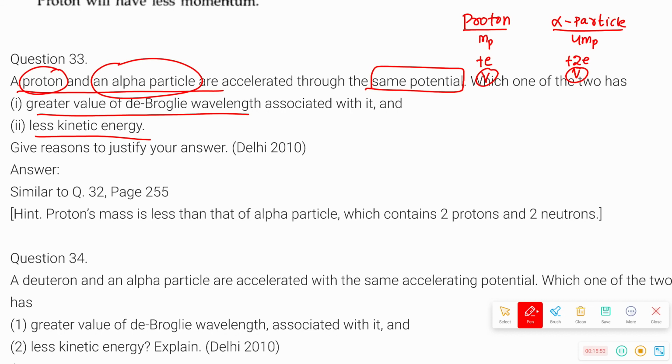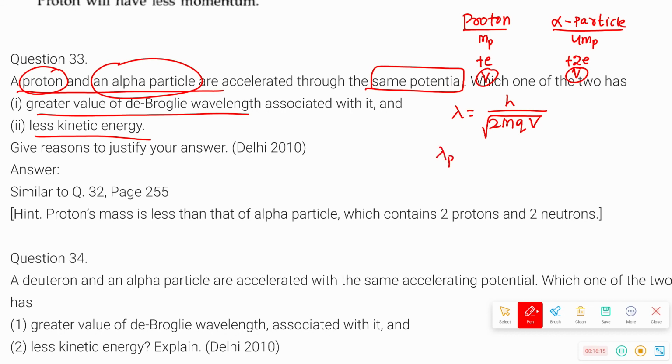Now all of you listen carefully. Same thing, lambda equal to h by root 2mqV.